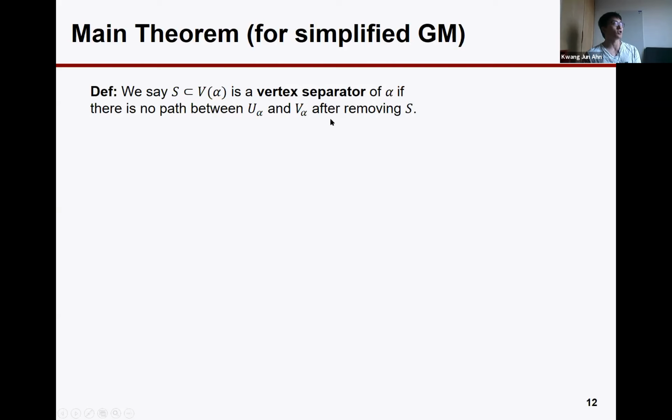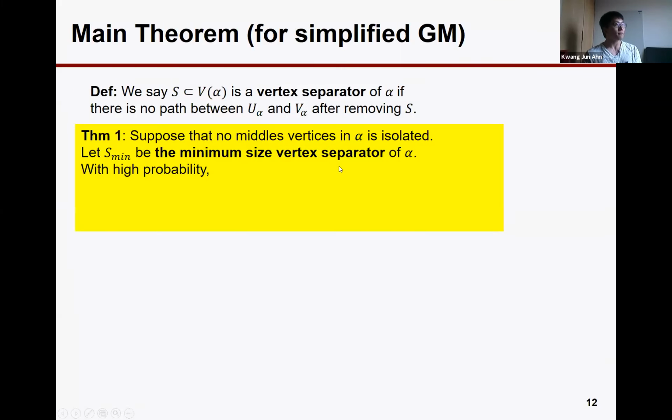We call S a vertex separator of alpha if there's no path between U alpha and V alpha after removing S. So basically, after removing S, you can imagine U alpha and V alpha are separated. With this quantity in mind, our main theorem states that the quantity of interest turns out to be the minimum size vertex separator of alpha.